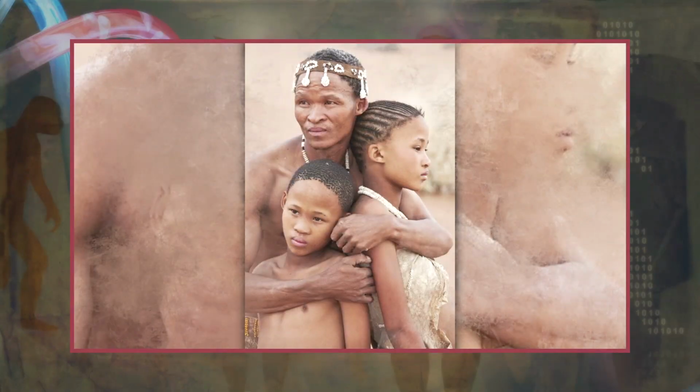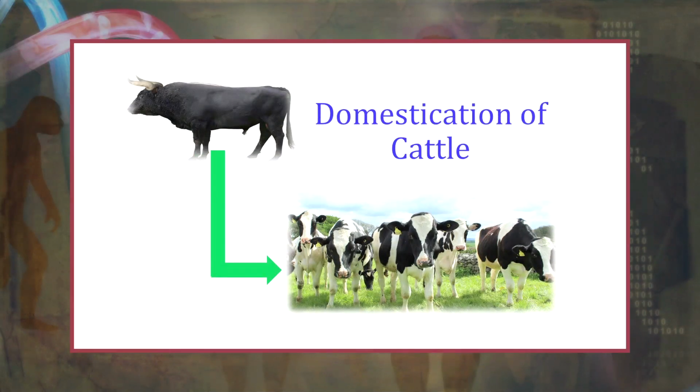A study identified 14 ancestral population clusters, the most remote being the San people of southern Africa. With the rapid expansion throughout different climate zones and especially with the availability of new food sources, with the domestication of cattle and the development of agriculture, human populations have been exposed to significant selective pressures since their dispersal.